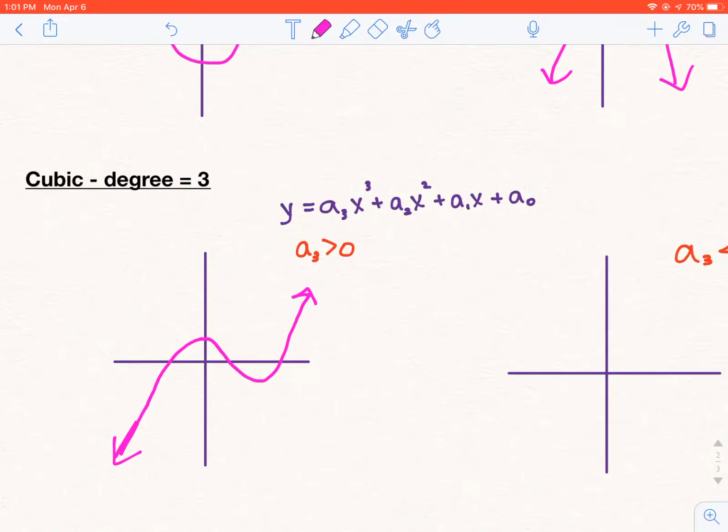Notice if I squish it all together, it's going to be the same way that a line goes in that direction. All the odd ones are like that. All the odd ones, if it's positive, are going to start in the bottom left corner and end in the top right corner, just like a line does.